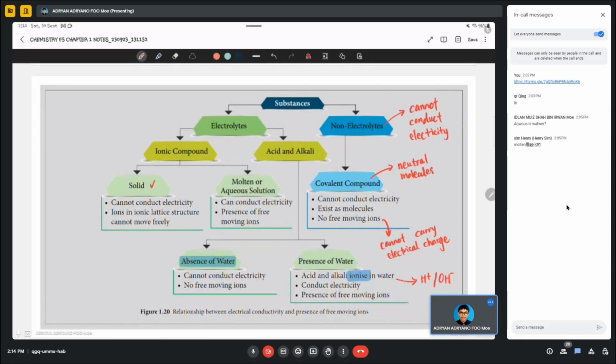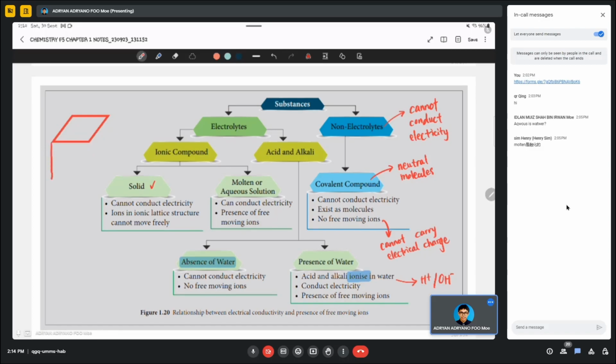OK, this one you learn in Form 4 in your chemical bond topic。OK，我大概讲啊。OK, example, wait I try to draw。Okay, this example, I say this is an ionic solid. 这个是一个 solid.